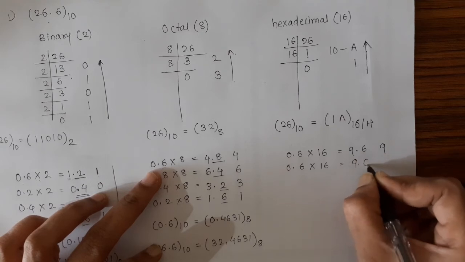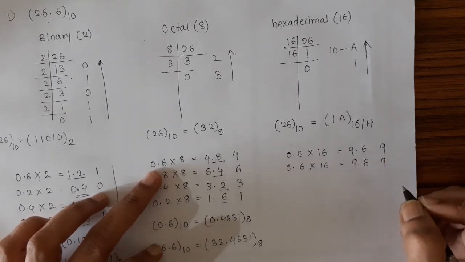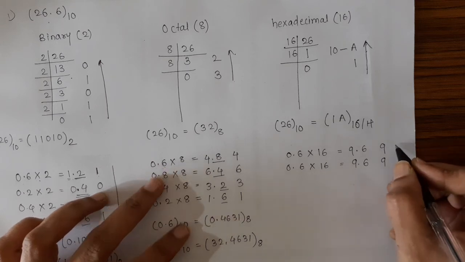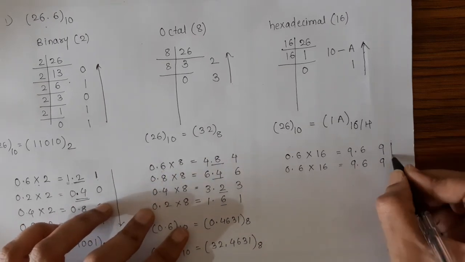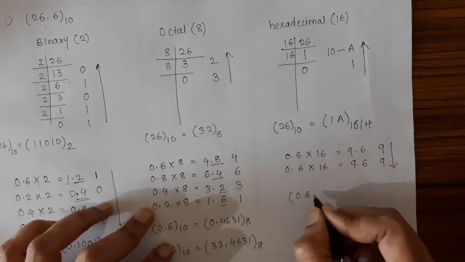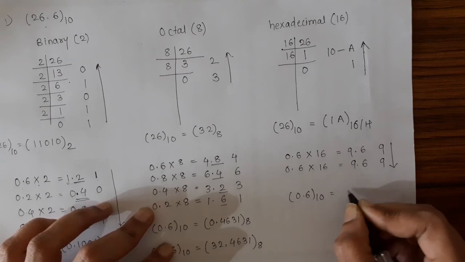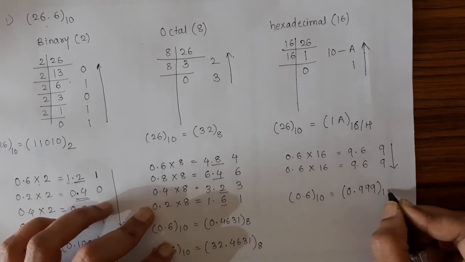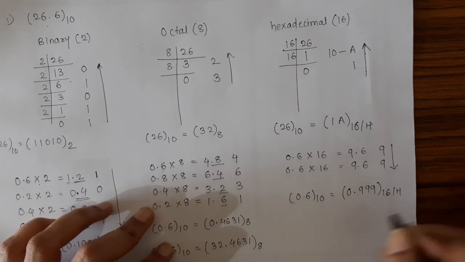Here this sequence is going to be repeated no matter how many times we perform this multiplication, so we will stop here. We have to track this result from top to bottom. So 0.6 base 10 is equivalent to 0.999 base 16 or hexadecimal.